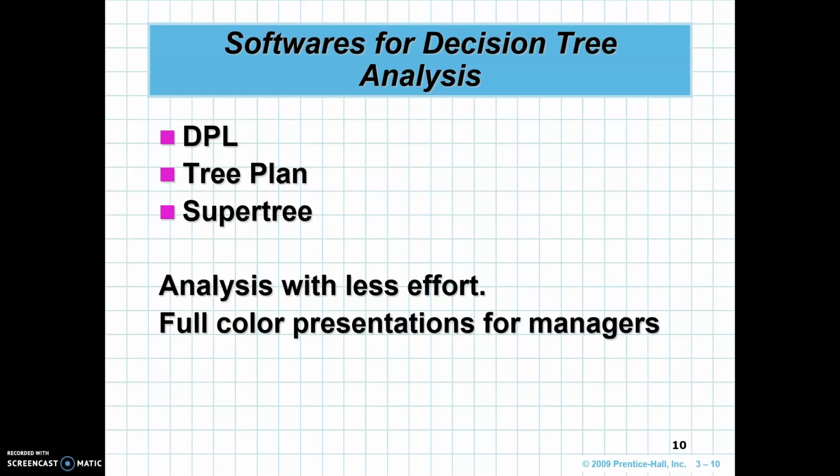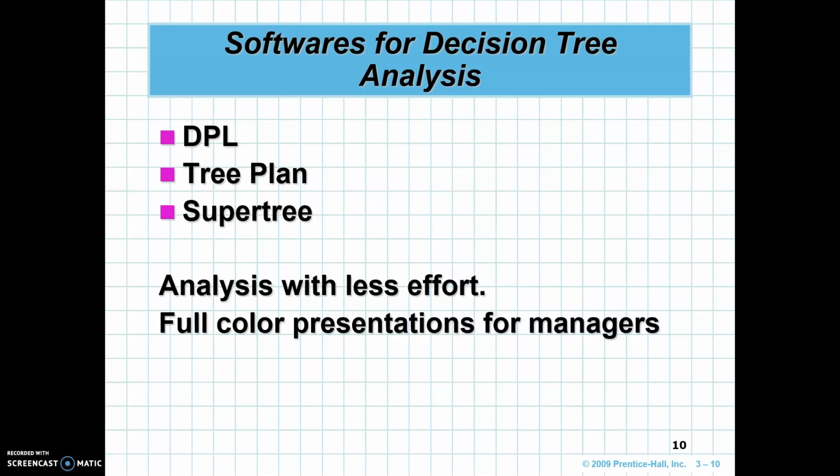There are certain softwares which can be used for doing the decision tree analysis. The first ones are DPL, TreePlan, SuperTree, right? These are some of the softwares. You'll find some more on Google. You can google for finding out the different softwares that are used for decision tree analysis. Analysis is done with little effort, with full color presentations for managers.